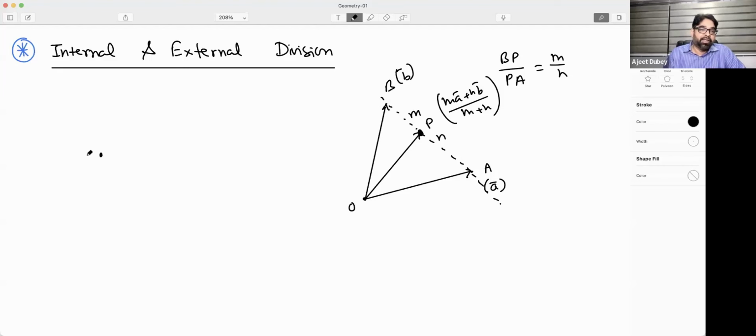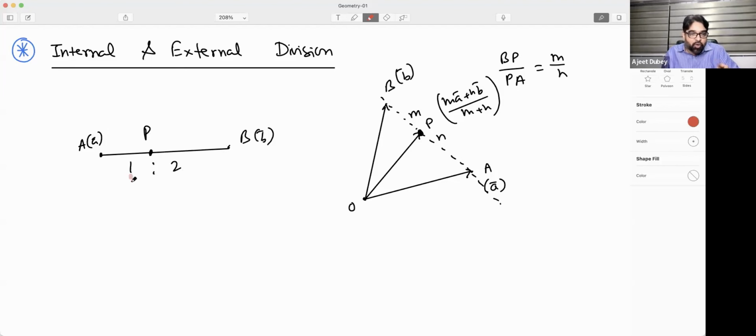Suppose this point is the A vector, this point is the B vector. On this line, there is a point, and I divide it in the ratio 1:2. This length by this length equals 1/2. I have to find the P vector. What is the P vector? Very simple.